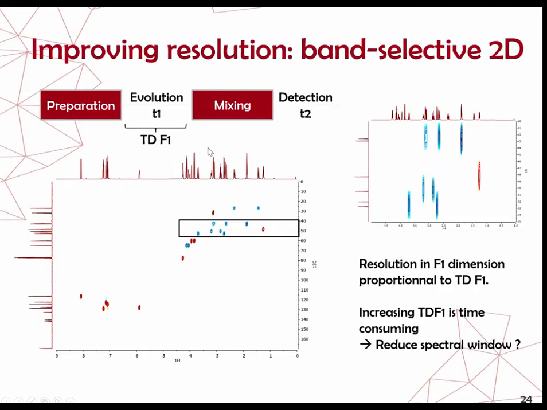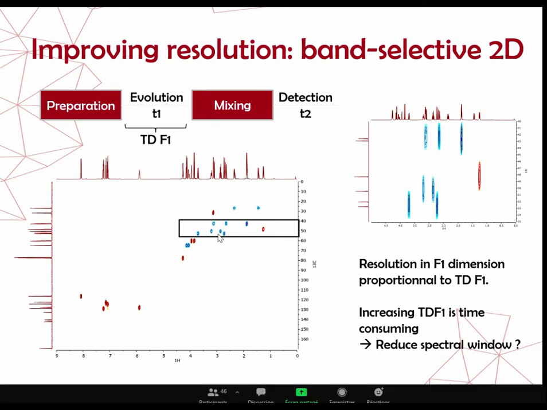So the example is always the same. It's a quinine sample, so it's not really crowded, but sometimes, especially since I often use these experiments for natural products, for example, when you have a very crowded region in your carbon spectrum, sometimes you need to improve the resolution of the two-dimensional experiment.